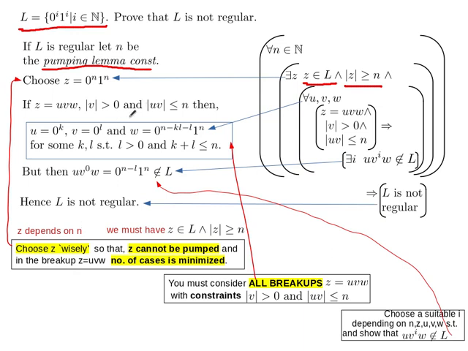So now once we choose our Z, which should be guided by these two constraints, and also by this requirement that you must choose Z that cannot be pumped, and the number of cases in the breakups is minimized.